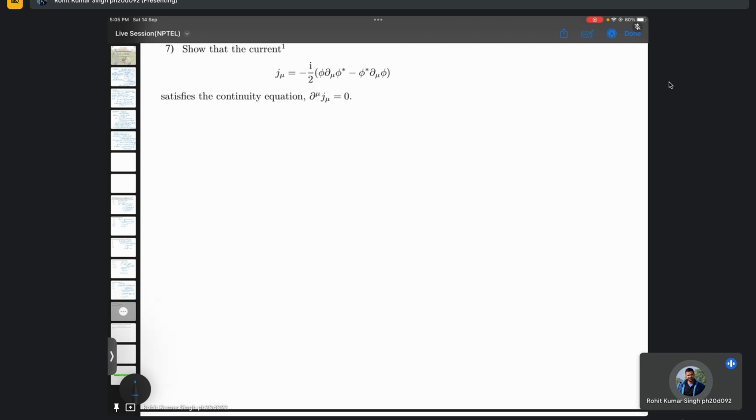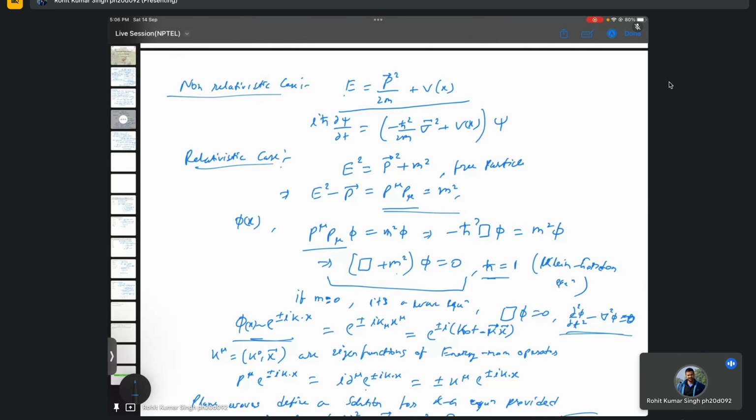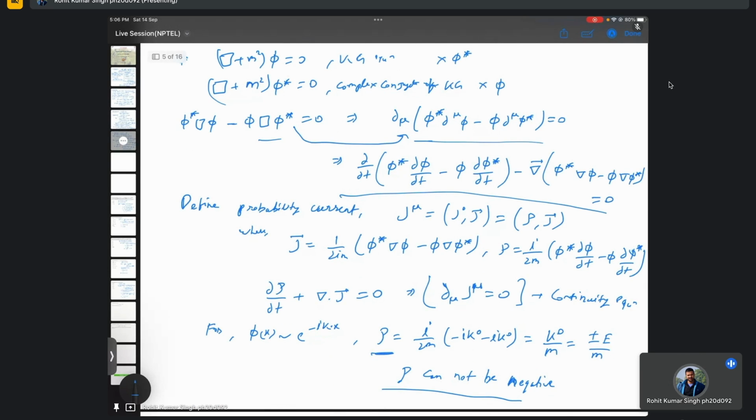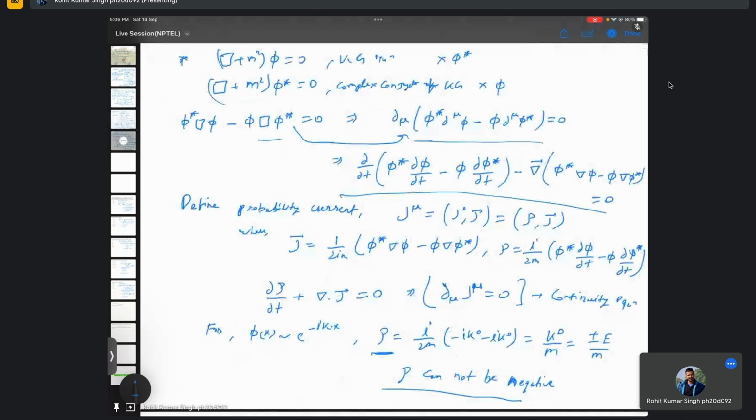So as I mentioned, when I was discussing the Klein-Gordon equation, I mean when I was discussing how we can go from this step to this step, I told that we will see that in a problem. So this is this problem.